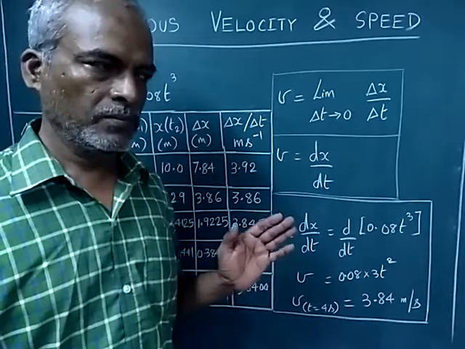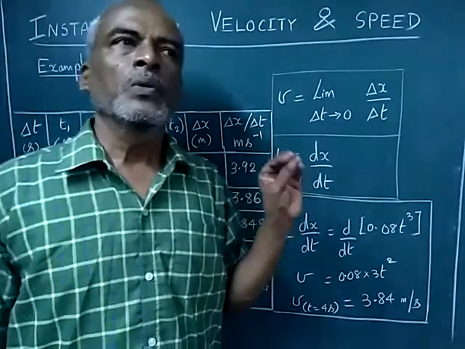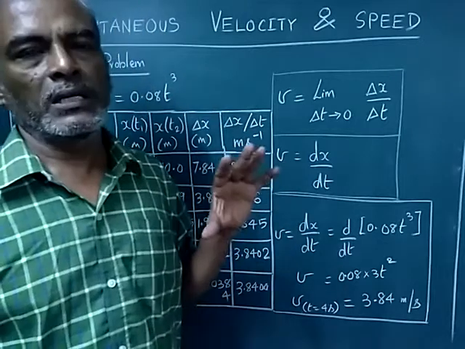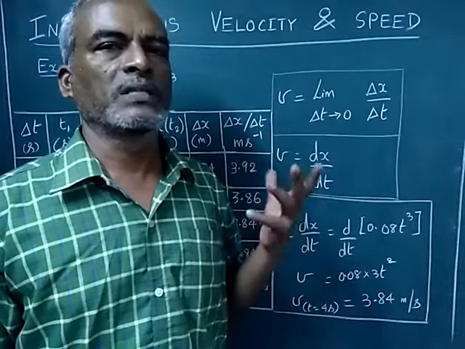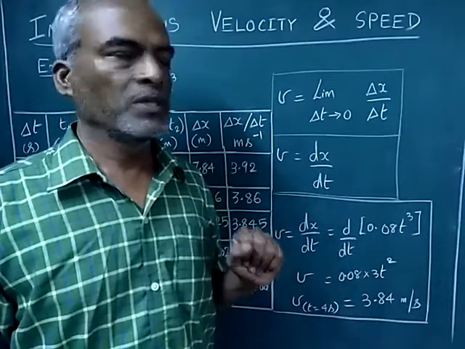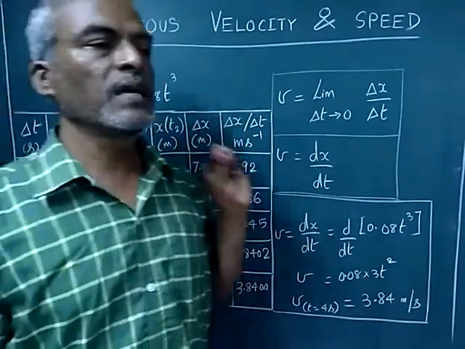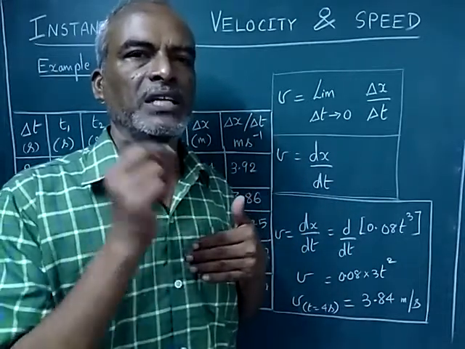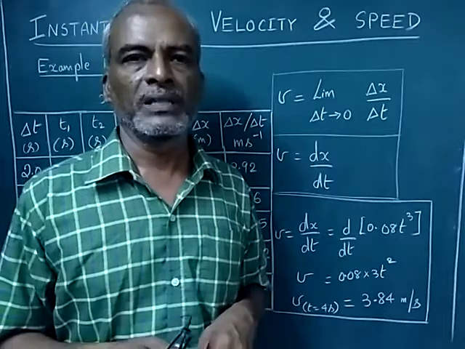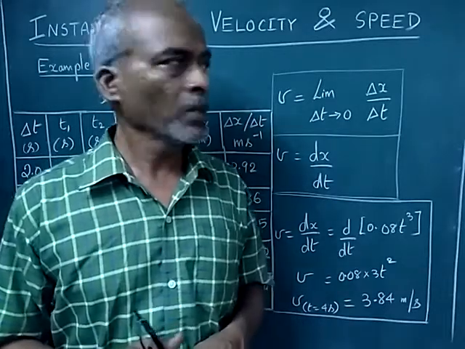With the instantaneous velocity we can find the velocity at a particular instant of time. Therefore this gives an insight into what has happened within the duration at each and every point of time. That can be found very easily.